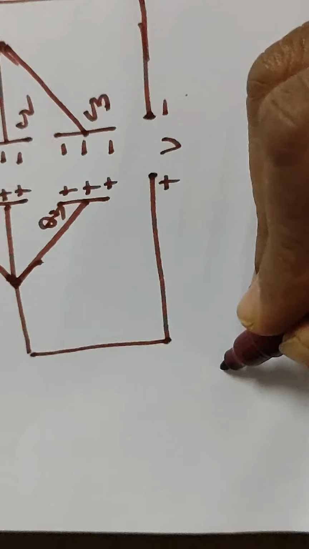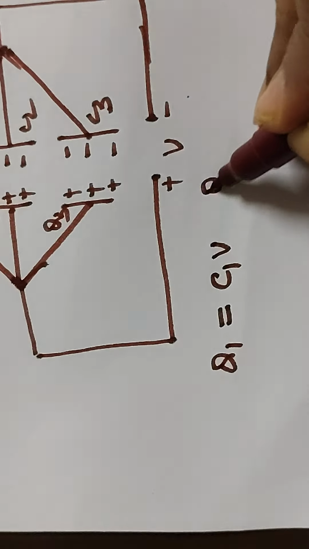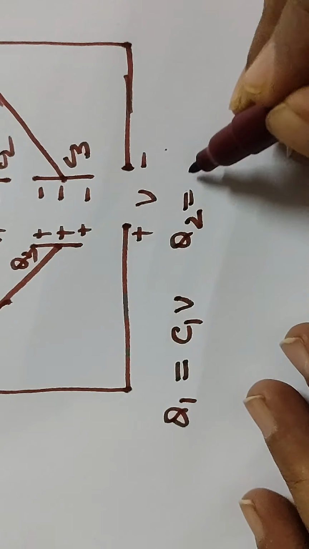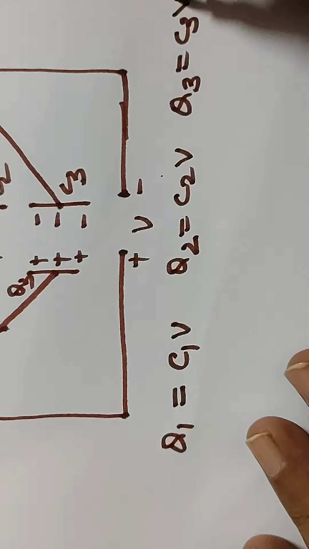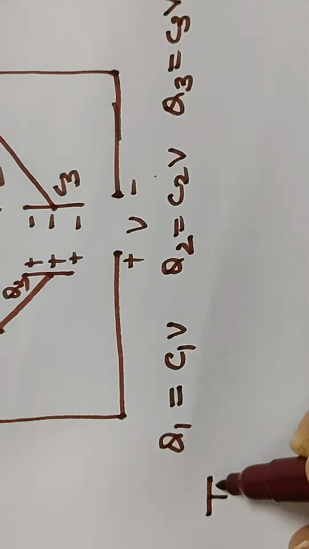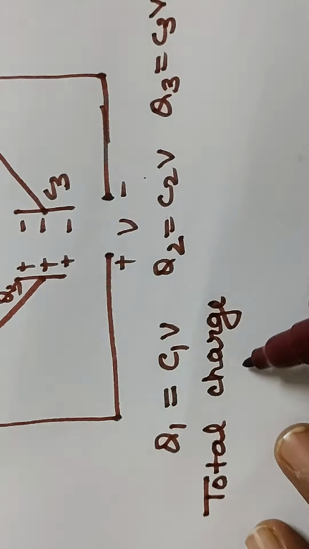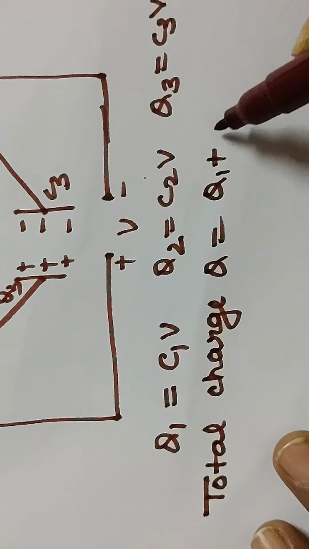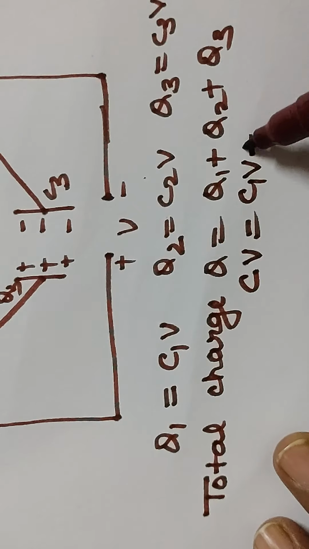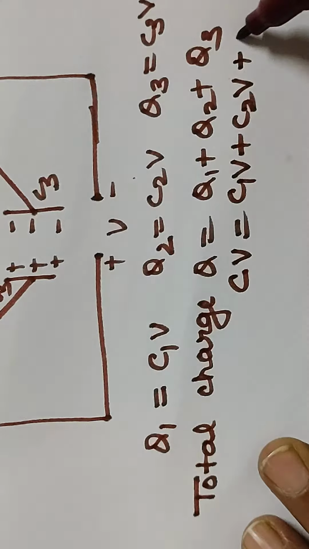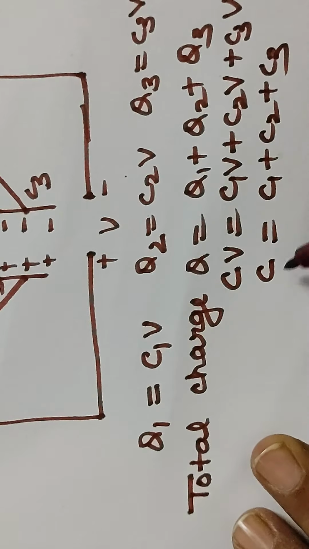So we can say that Q1 equal to C1 into V, Q2 equal to C2 into V, and Q3 equal to C3 into V. Okay, so total charge Q equal to Q1 plus Q2 plus Q3, or CV equal to C1V plus C2V plus C3V. So C equal to C1 plus C2 plus C3.